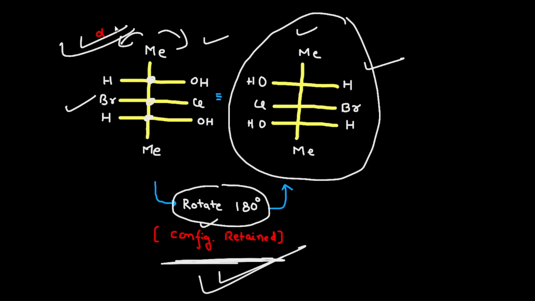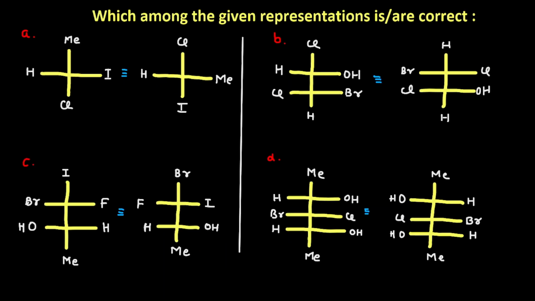So now the answer is in front of you. A is correct one, B is correct one, C, the configuration changed at the lower carbon as we saw, and the D, both are representing again the same configuration.